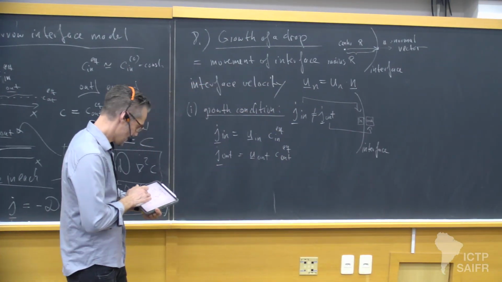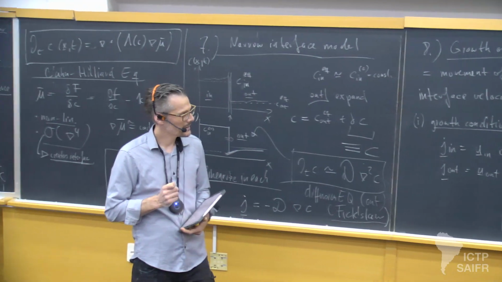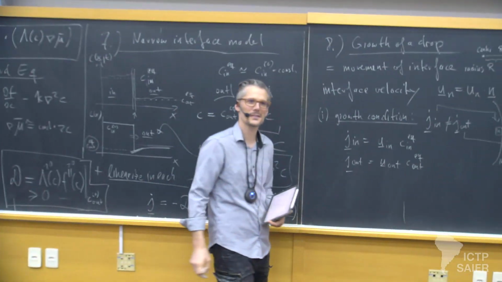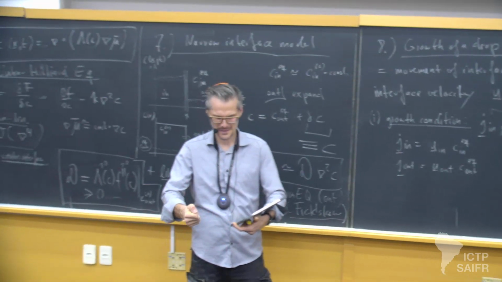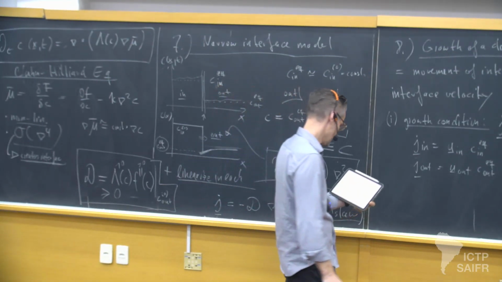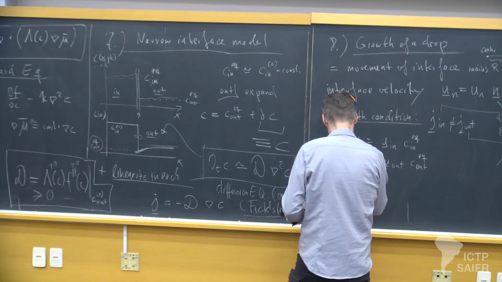Perfect. But this can lead to problems, in particular when these velocities are not the same, because then the interface is no more well defined. What does that mean if they don't move with the same speed? And this is called the interface integrity condition.